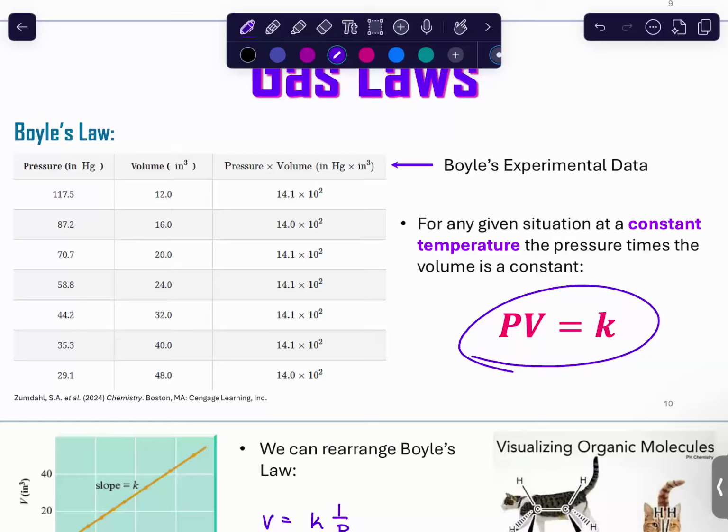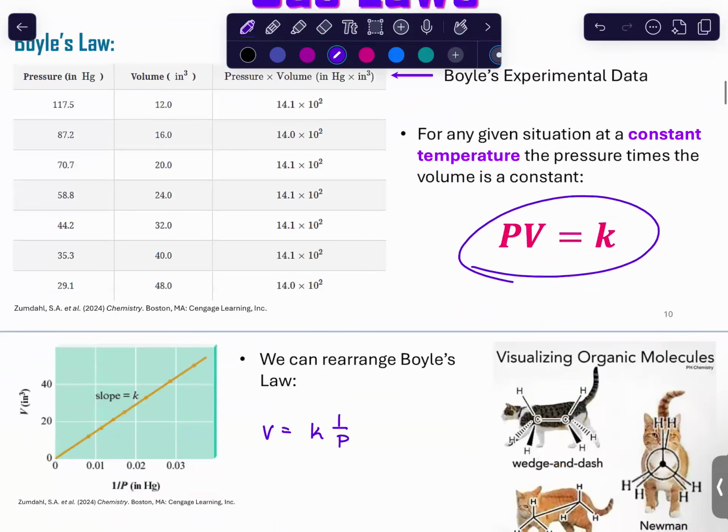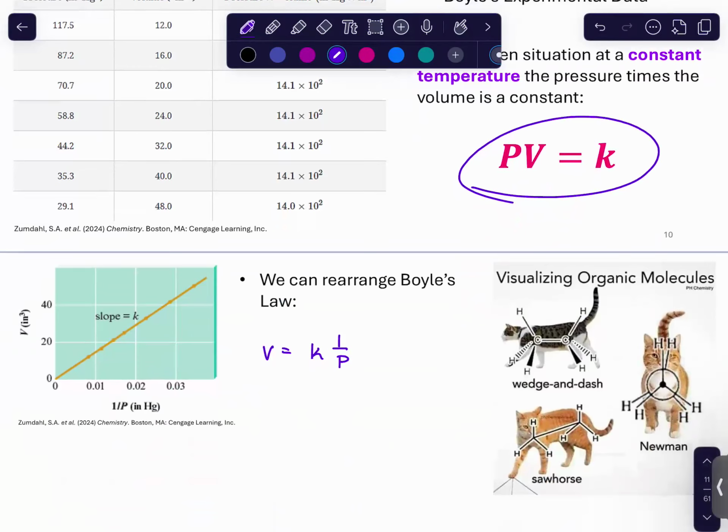Now I'm going to use a symbol that a lot of you probably have not seen before. So first off, let's look at this. You see the graph there of the volume versus 1 over P? This is why scientists will put things in these different formats, because you want to know what that constant is at all pressure and volume equal.